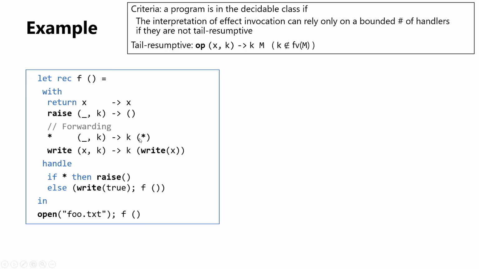Then the result is given and the continuation is resumed, so it is just forwarding the operation. If the non-deterministic choice returns true, then the raise operation is called. This handler only handles raise, so it is something like an exception handler. And if the choice returns false, then the write operation is called, and then the recursive call is executed.